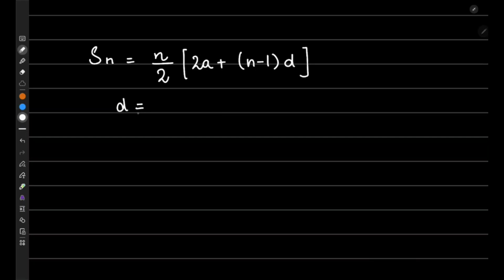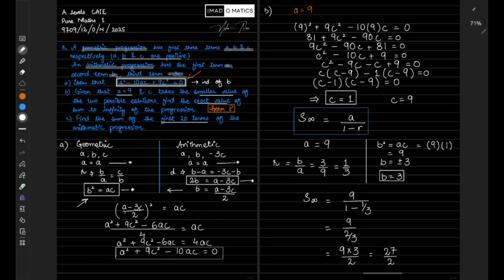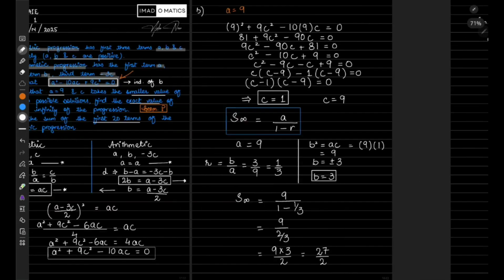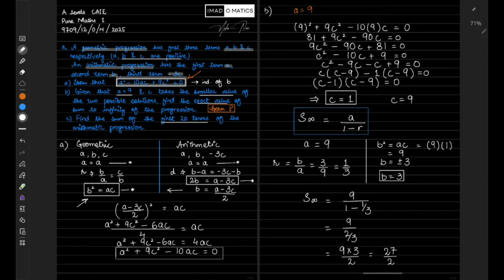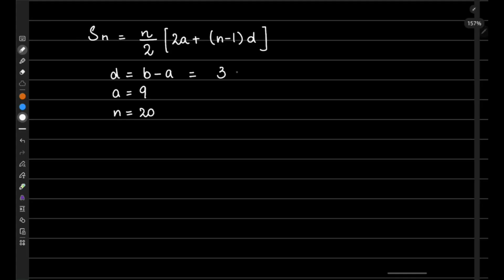We need D. A we know to be 9 and n is 20. Let's calculate D first. What is D? D is B minus A. B is 3 minus 9, that gives you minus 6.